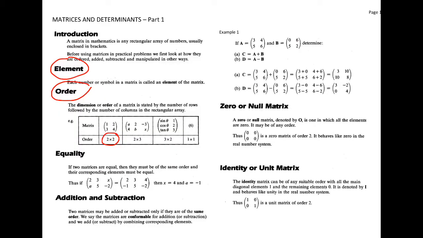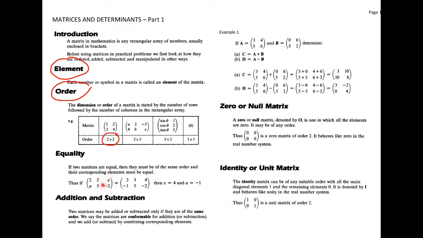We also talk about equality of 2 matrices. 2 matrices are equal if they have the same elements. Like this one here has 6 elements, and this one here has 6 elements. They have 2 rows and 2 columns, both of them. All the numbers are equal.